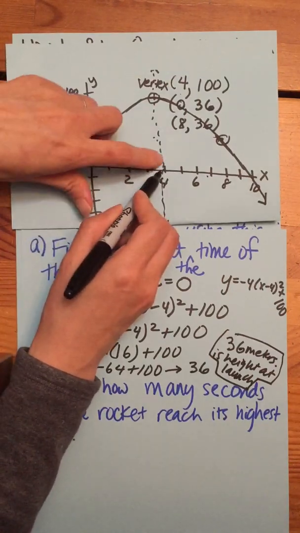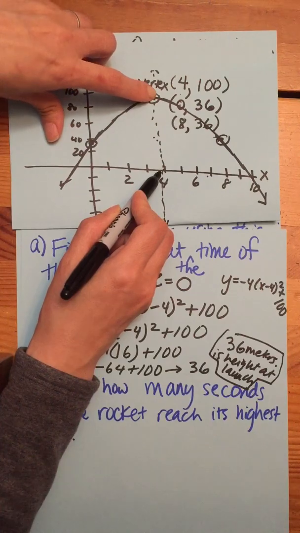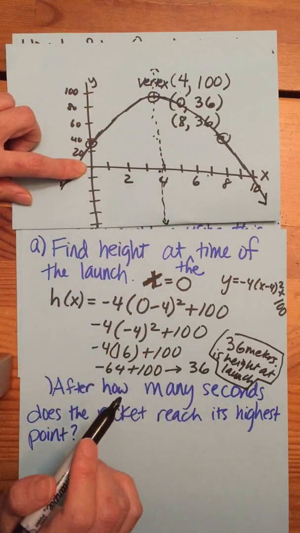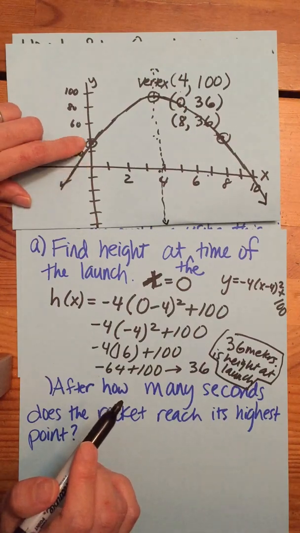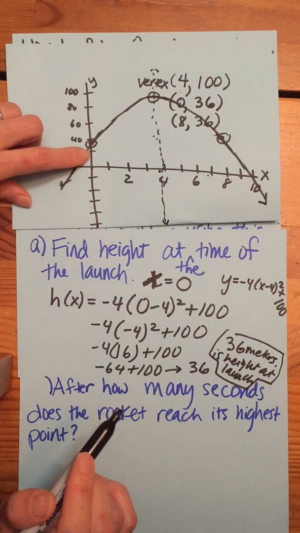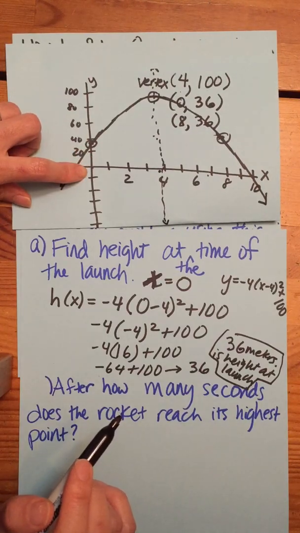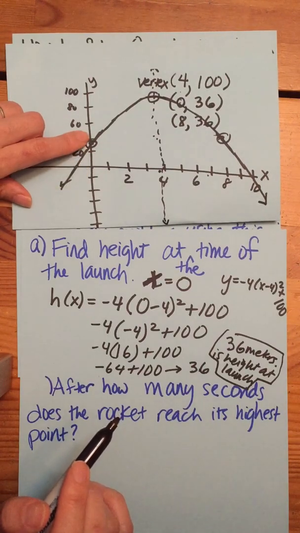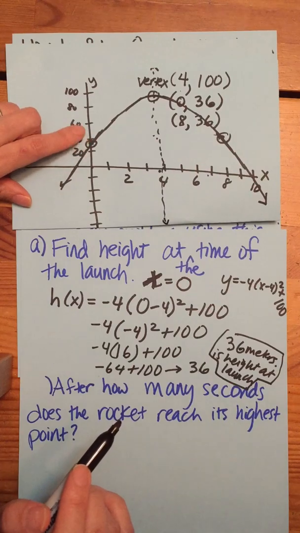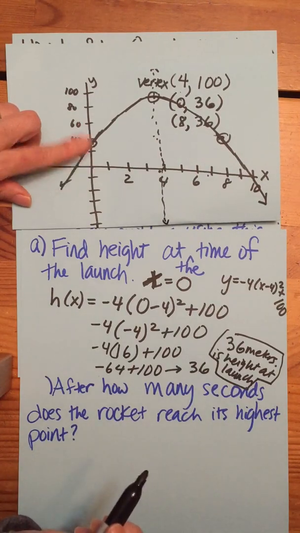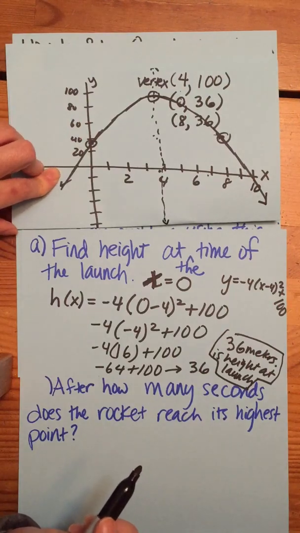When 4 seconds passes, this is the height of the launched rocket. So when they say find the height at the time of the launch, you have to look at your graph and see how high it is at 0 seconds. Notice that the answer is not 0 meters because the rocket is actually on a platform, so it's actually up in the air, which is consistent with how rockets sometimes are launched. They sometimes are on platforms and not exactly on the ground.